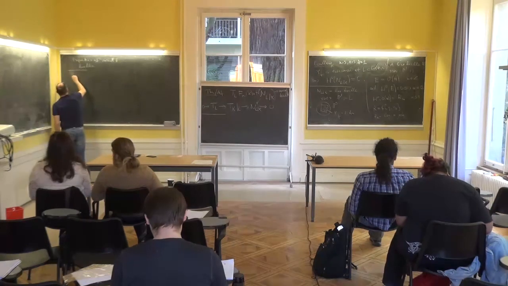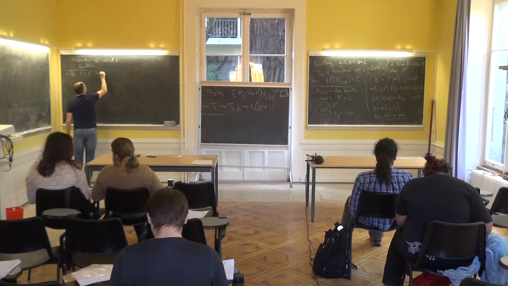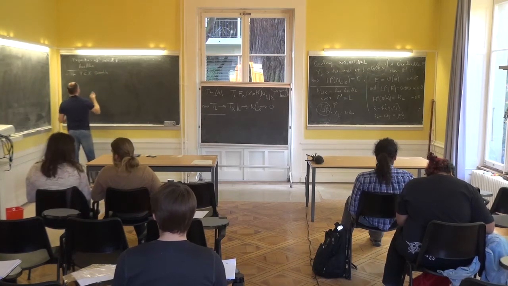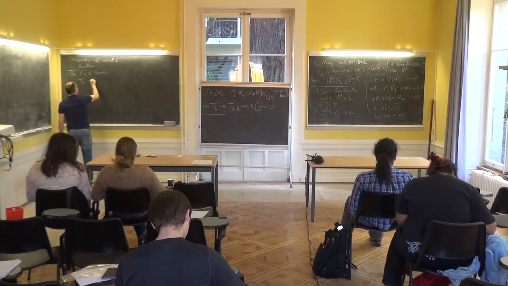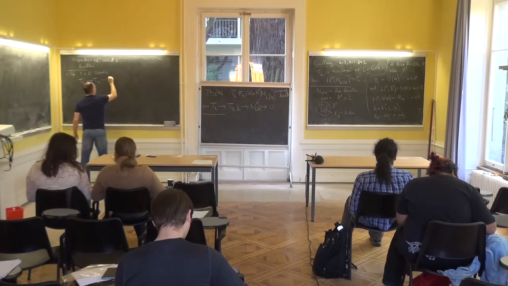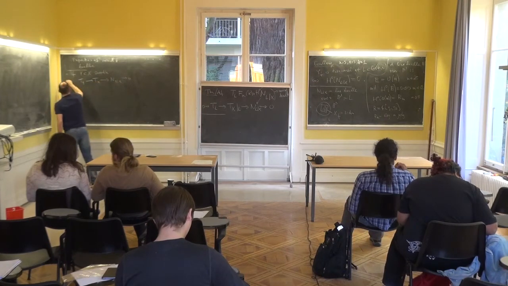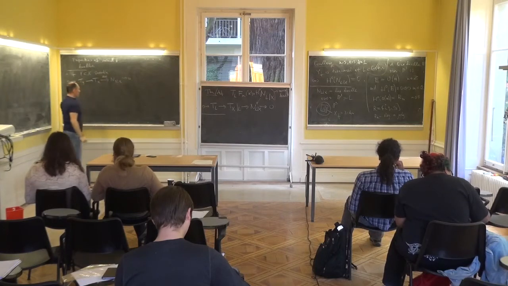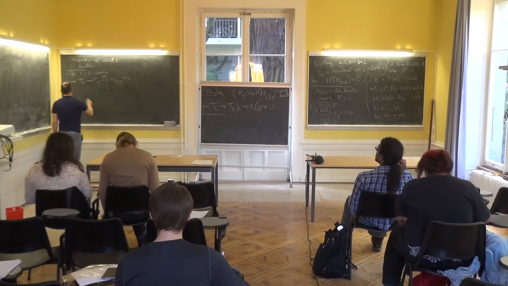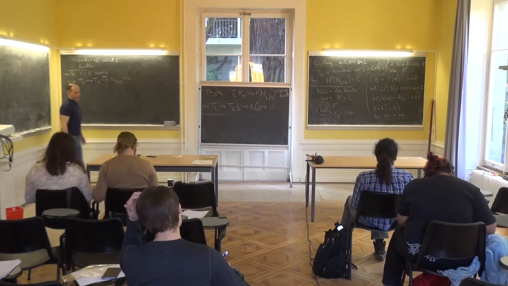So if Y, X, everything is smooth, then this is the first thing, and this is a definition. Then we have this exact sequence of bundles, TY, TX, and the normal bundle N_{Y/X}, and this is the definition of N_{Y/X}.